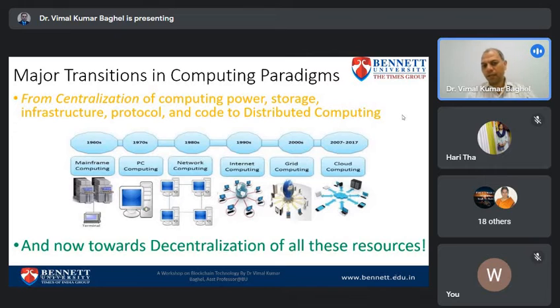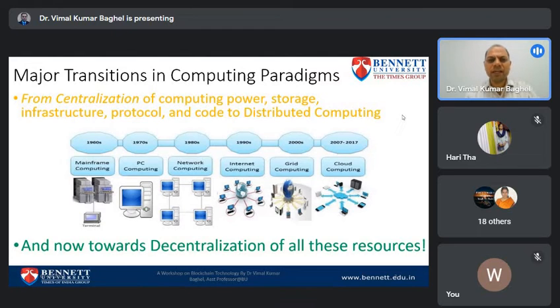In the 80s, network computing started when various LANs and WANs were connected together, and then the internet became very prominent through the 90s. After internet computing, grid computing came up, and then cloud computing, and we are still growing.